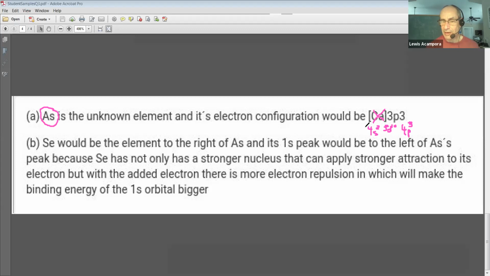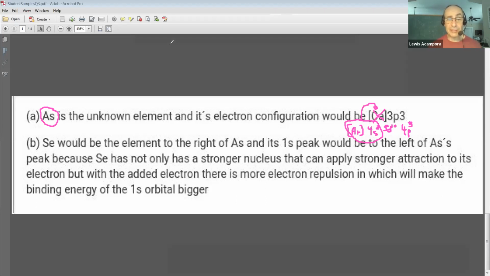So if you actually work out the electron configuration for arsenic, it would have an argon core. And even though you might be tempted to write calcium here because this would correspond to calcium, never ever do that. You want to show all of the electrons outside of the noble gas configuration.